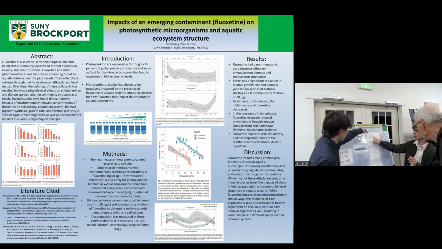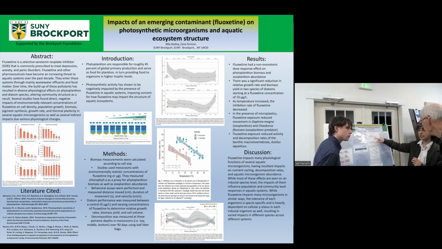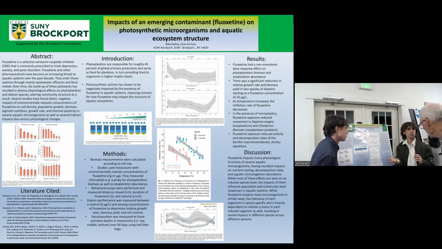However, as concentrations get high, around the 50 to 100 micrograms per liter range, you actually see it start to increase. Around this range, they also found that locomotion increased, so a lot of their activities started to increase. At low concentrations it had negative effects, but at high concentrations they find what looks like positive effects, which is interesting. There need to be further studies because we're not exactly sure why that's happening.